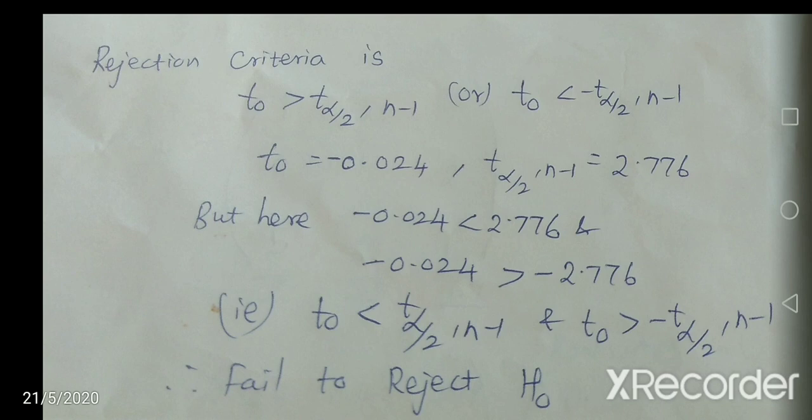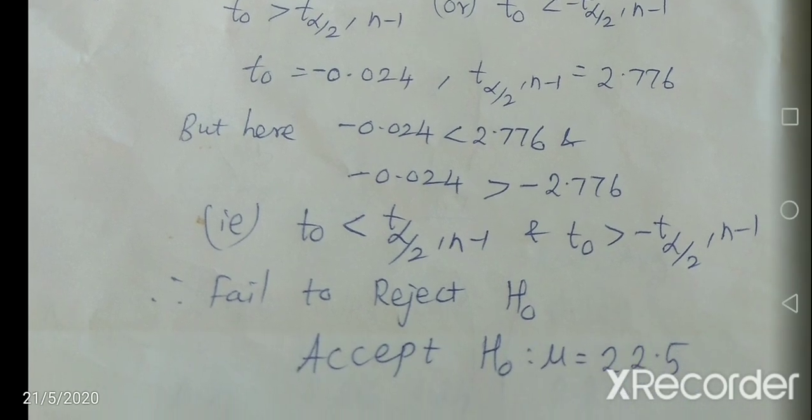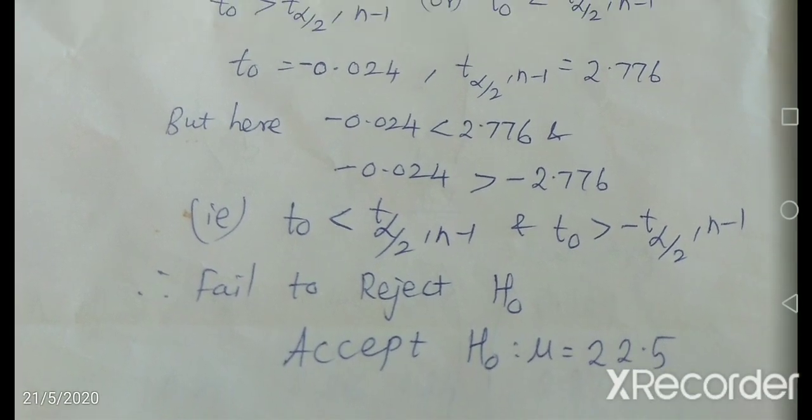So this is opposite to the rejection criteria form, that is t naught greater than t alpha by 2 comma n minus 1 or t naught less than minus t alpha by 2 comma n minus 1. Therefore, this does not lie in the rejection region. So we have the result: fail to reject H naught. So we accept H naught, mu equal to 22.5.